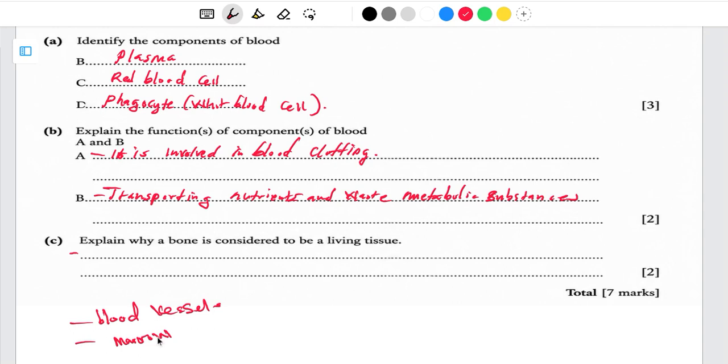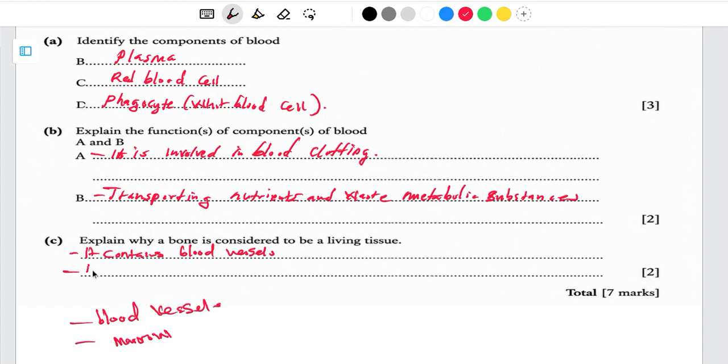So the reason why it is considered to be a living tissue is that a living tissue is supplied by blood vessels. So we can say it contains, or it is supplied by, blood vessels. Then apart from containing blood vessels, it can get affected by bone marrow cancer, as well as tuberculosis, which is also TB.